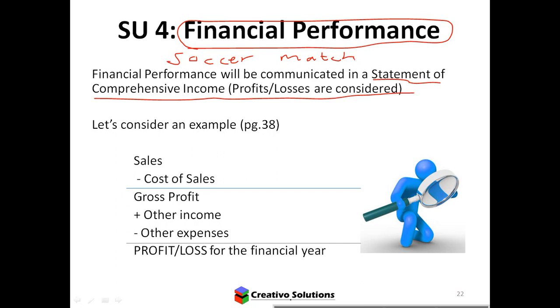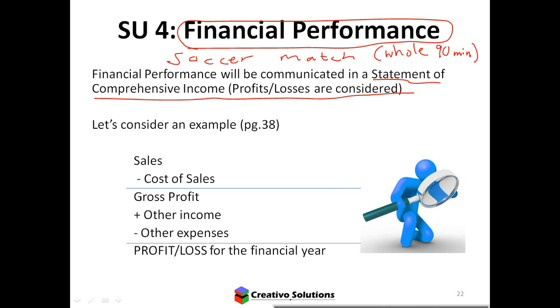So how do you determine the winner from the soccer match? How many goals they scored, perhaps, but do we look at a specific time in the match? No, we look at the whole 90 minutes. Do you agree? And maybe even overtime or extra time and so on.